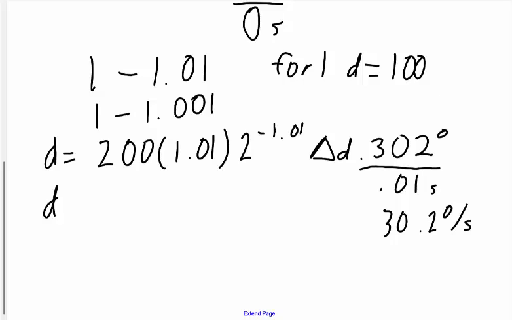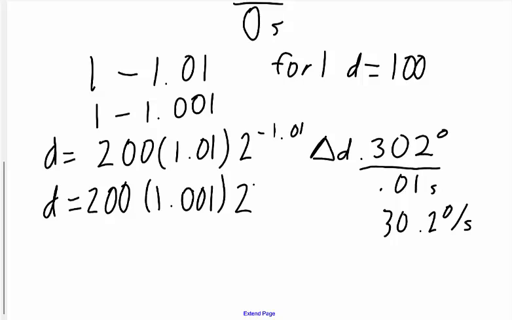Well, let's see here. D equals 200 times 1.001 times 2 to the negative 1.001. If I do that, oops, not quite.